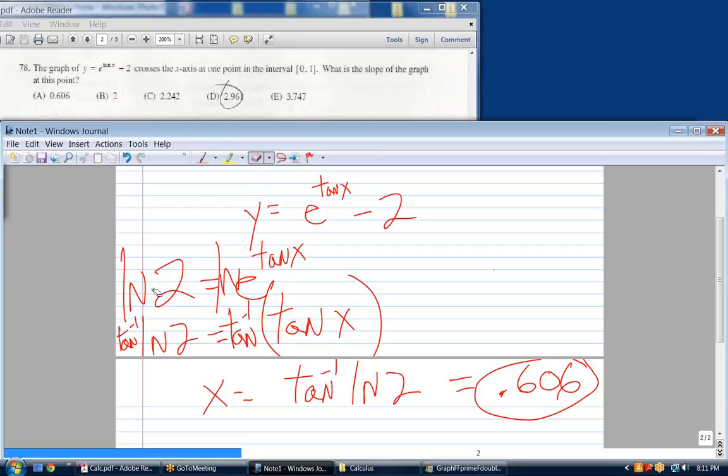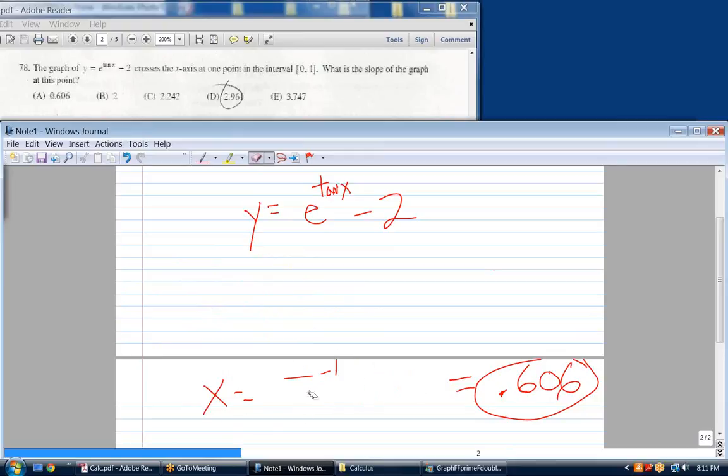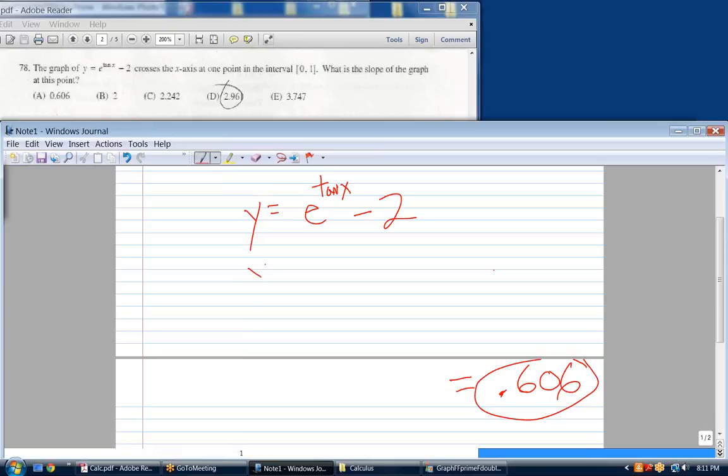The slope of this graph is y prime. So I want to solve for y prime, and then I want to evaluate y prime at 0.606 because that's where it crosses the x-axis, and that would give me the slope at that point.